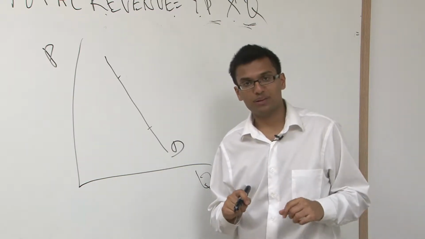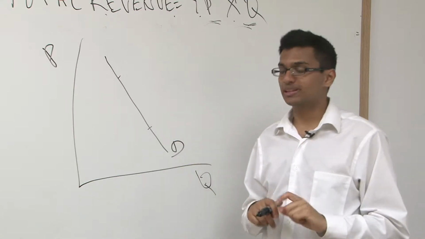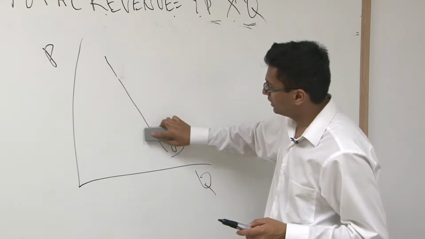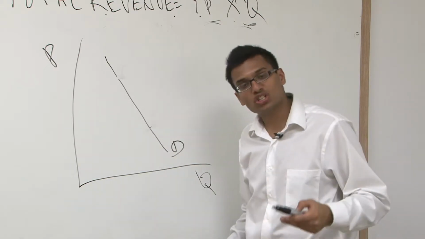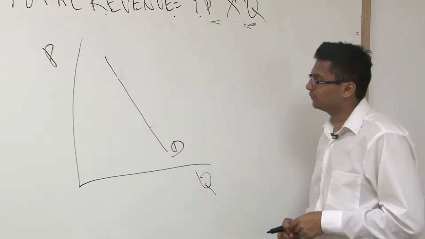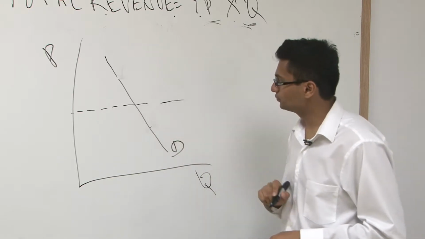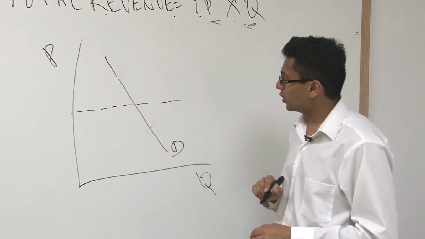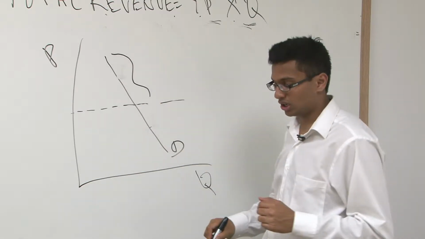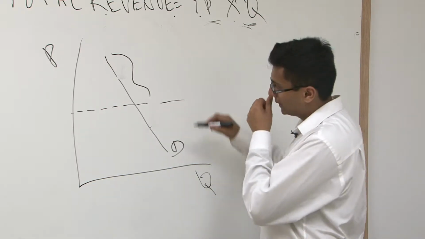Now here's the tricky part. When it comes to elasticity, right, it doesn't work that way. The reason being is that elasticity always deals with the percent change in quantity demanded versus the percent change in price, right? So if I have a market price somewhere here in the middle, okay, what it really means is that this region right here is actually elastic, okay?